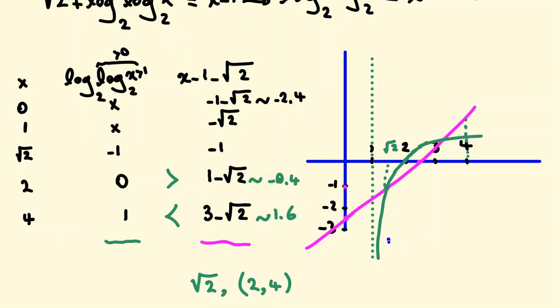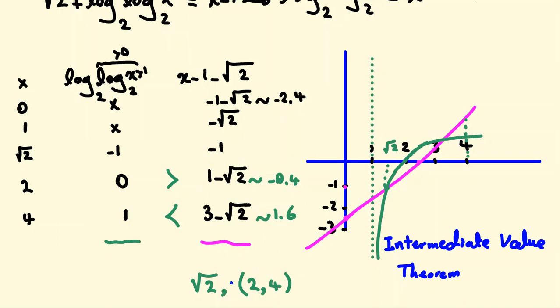You can use the obvious theorem, the intermediate value theorem, that we have a root here. And look, the growth of this line is greater than the pink one, greater than the green one. So after that, it grows more than the green one, the pink one.